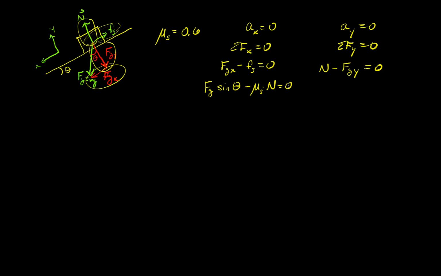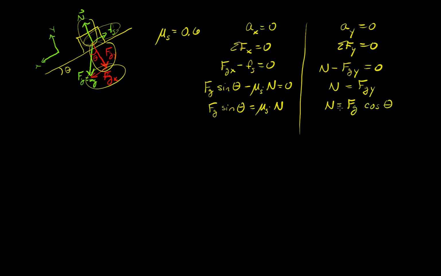So if I move this over, I would get the force of gravity sine theta is equal to the coefficient of static friction times the normal. But I don't know what the normal force is, so let's go over to the y. So if I move this over, I get FGY, and then we're going to have to use trig to get the FGY. It's next to the angle, so that's going to be FG cosine theta.